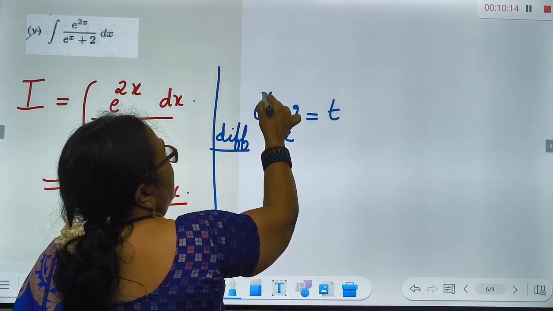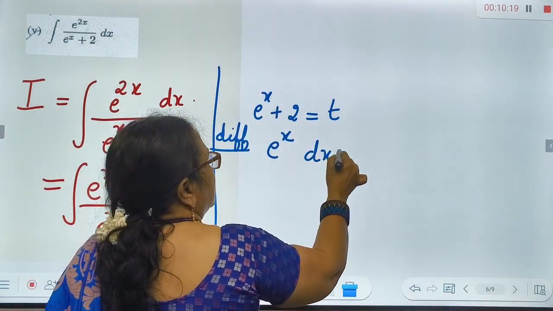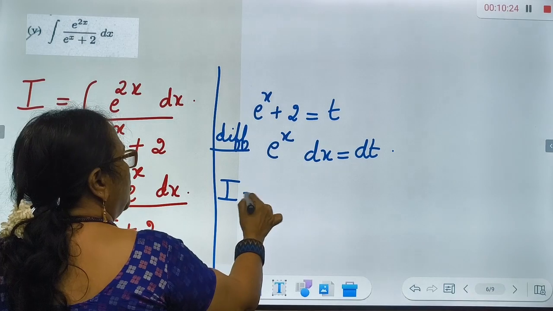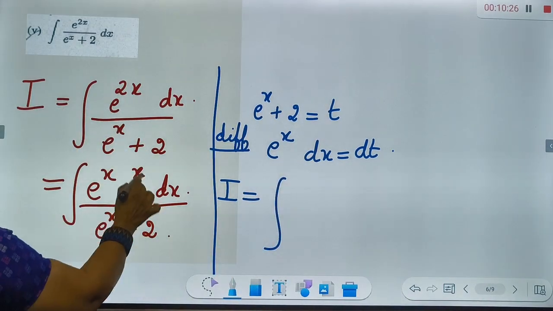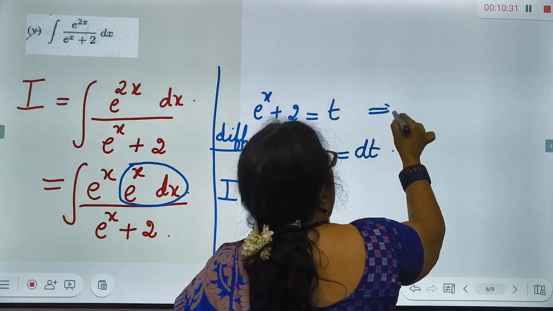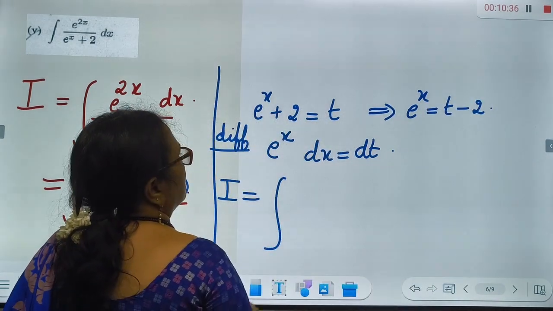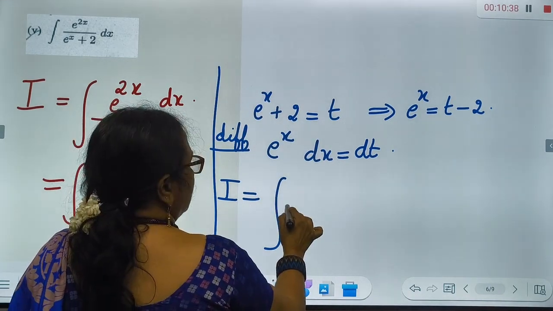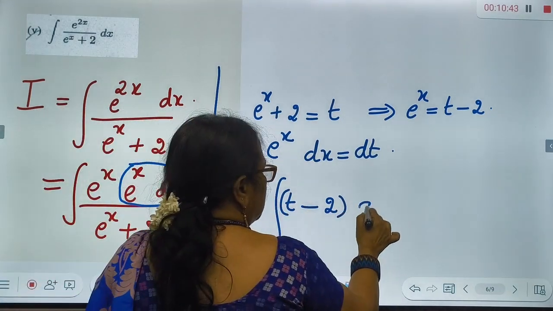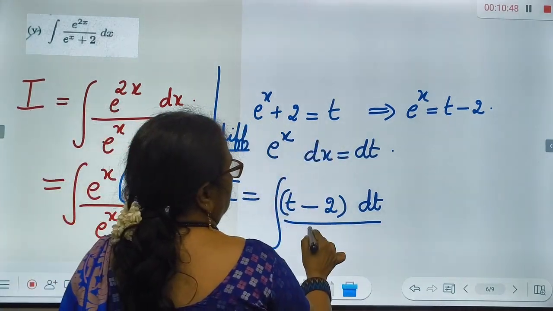The derivative of e power x is e power x, the derivative of 2 is 0, so e power x dx equal to dt. Now you have to write it in terms of t. But what is e power x from this? E power x equal to t minus 2. So e power x is t minus 2, e power x dx is dt, and e power x plus 2 is t.